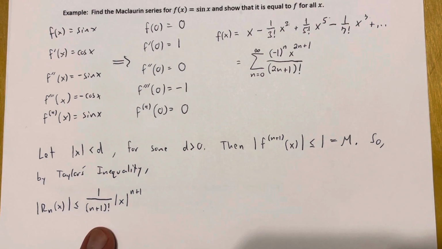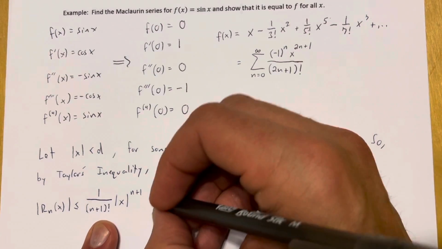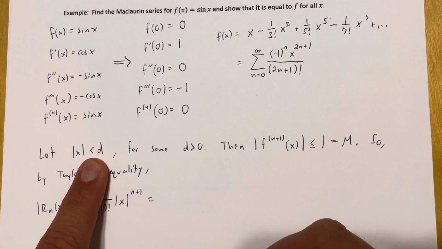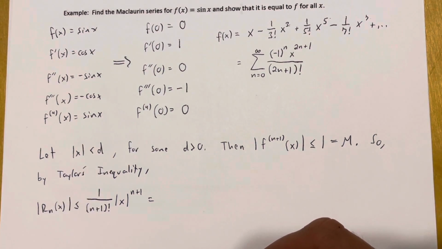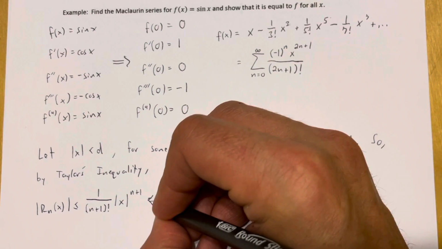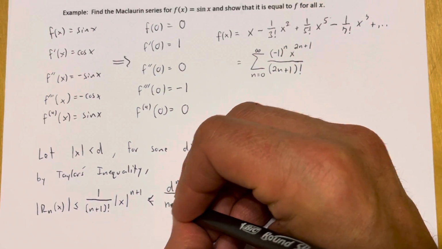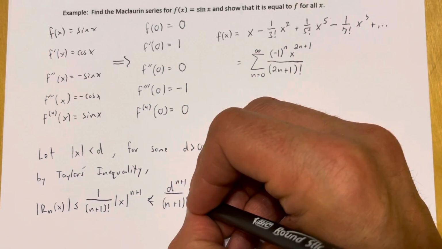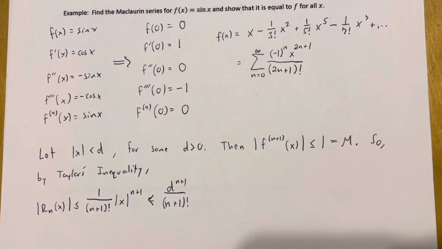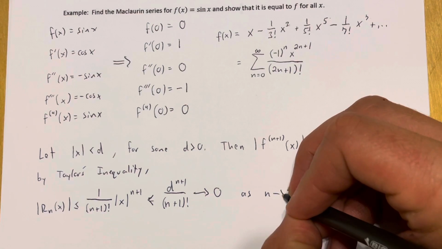Now here I can take that absolute value of x and say, well, that's just less than d because of this restriction here. And I can write that this is less than d to the n plus 1 over n plus 1 factorial. We already saw that this expression goes to 0 as n goes to infinity.